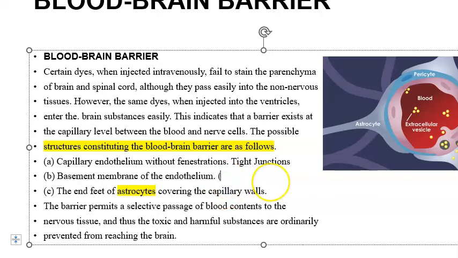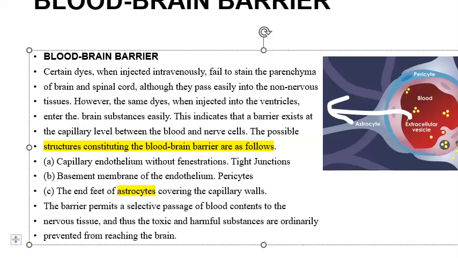Then you can mention the word pericyte, and mainly you should say astrocytes, which cover the capillary walls. Astrocytes are neuroglial cells, that is, supporting cells. They have radiating processes which cover the blood vessel, and they allow only diffusion of useful things to the brain. Mostly it will try to protect the brain.